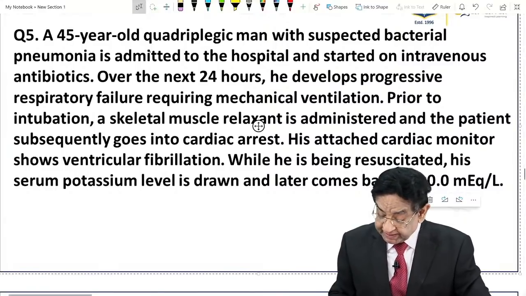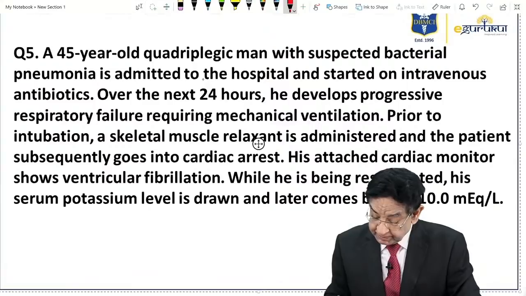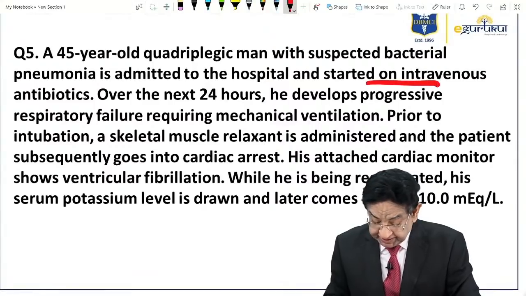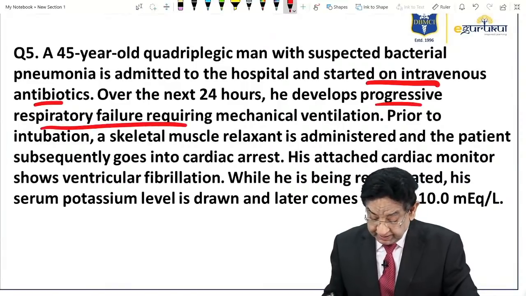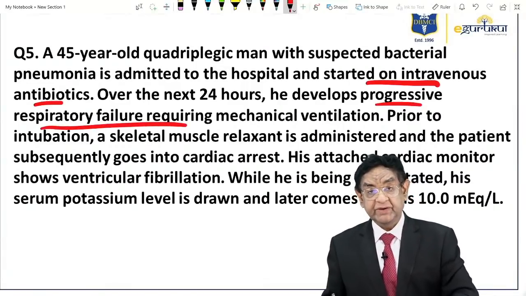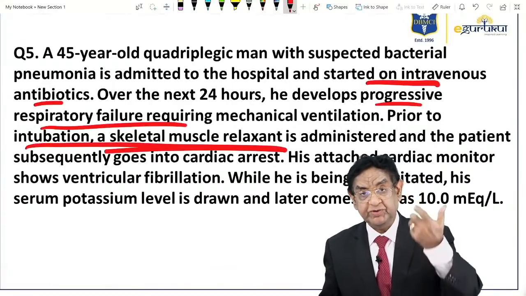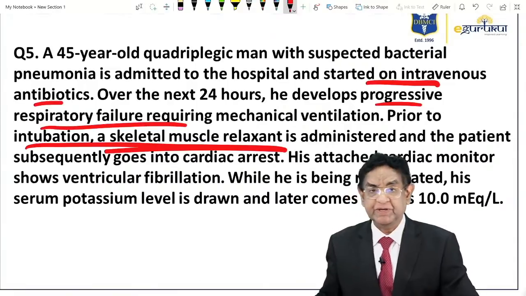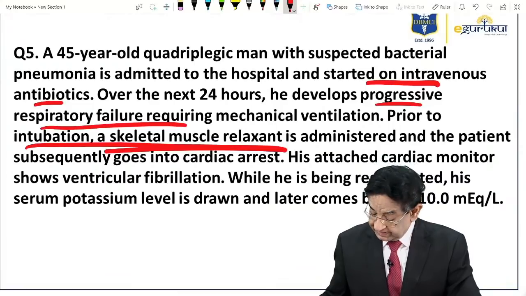We get a quadriplegic man. He was started on intravenous antibiotics and he has got progressive respiratory failure, and he is to be given a skeletal muscle relaxant, because if you have to put the patient on a ventilator, you have to intubate and you have to give a muscle relaxant.